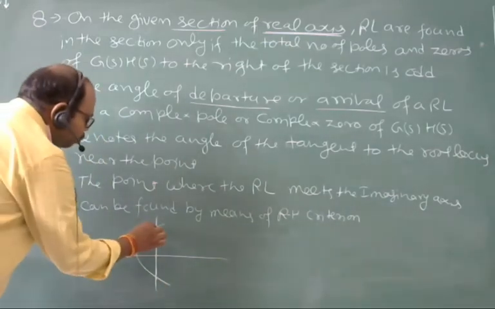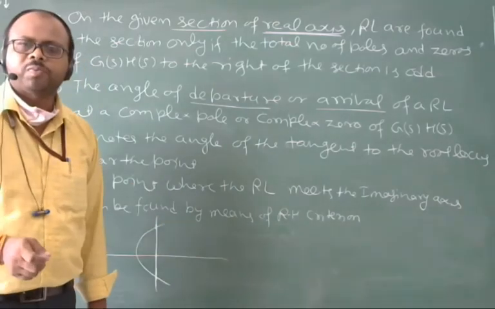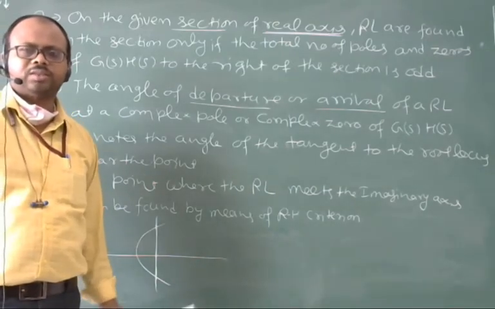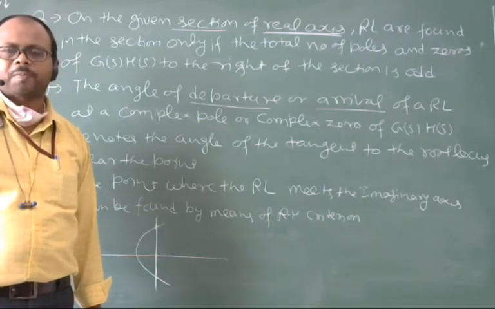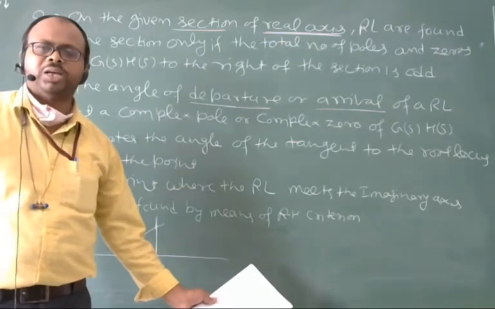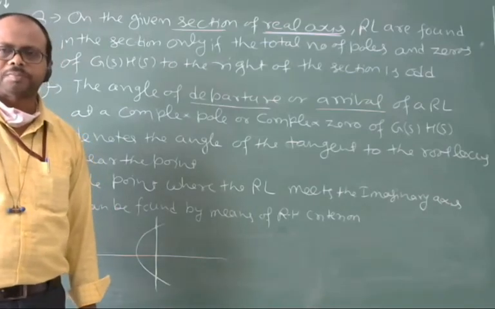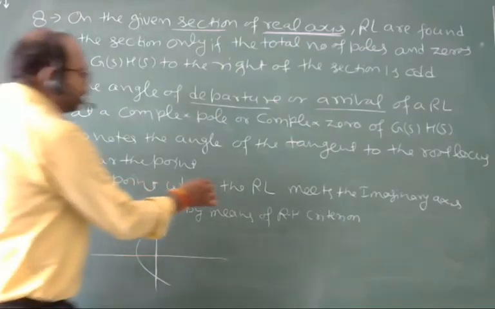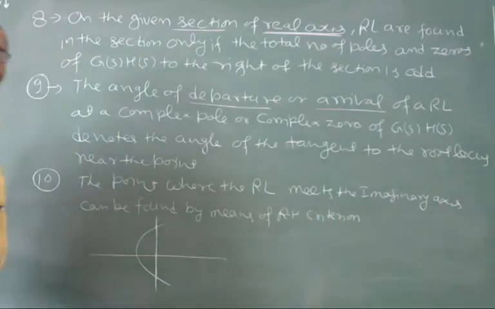And after this point, the roots of the characteristic equation lie in the right hand side of the S-plane, and the system is unstable. Right? Roots lie in the right hand side of the S-plane. That means the system becomes unstable. So, the point where the root locus meets the imaginary axis can be found by means of RH criteria.